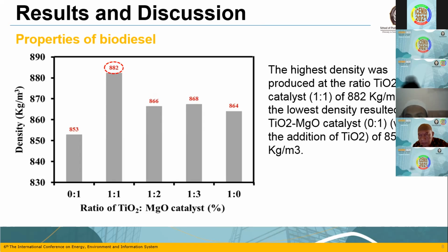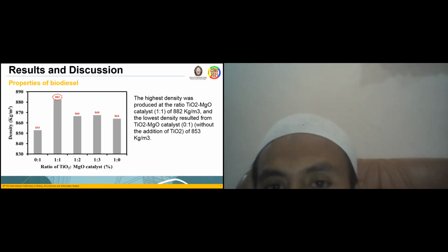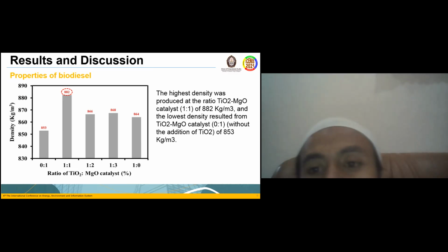The highest density was produced at the ratio of titanium dioxide doped magnesium oxide catalyst 1:1, of 852 kilogram per meter cubed, and the lowest density resulted from titanium dioxide doped magnesium oxide catalyst 0:1, without the addition of titanium dioxide, of 853 kilogram per meter cubed.